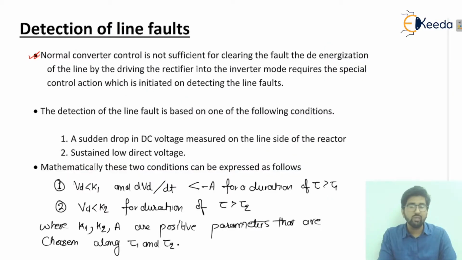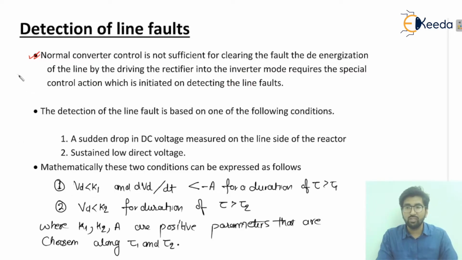The normal converter control is not sufficient for clearing the fault, as the deionization of the line by driving the rectifier into the inverter mode requires special control action which is initiated on detecting the line faults.